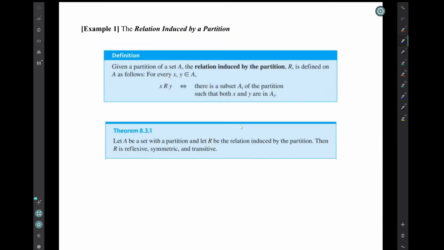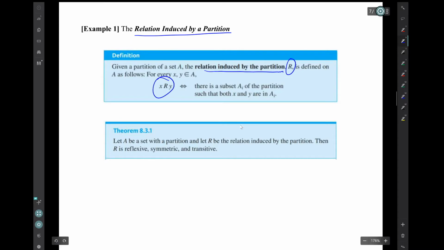Example 1 is the relation induced by a partition. So given a partition on a set, the relation induced by the partition, we're going to denote it by capital R, is defined to be the relation that behaves this way.